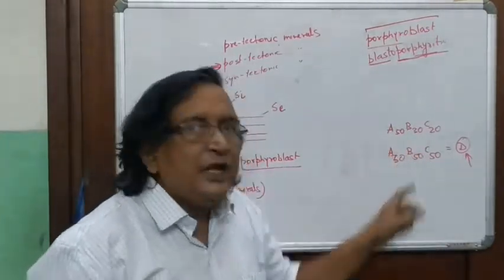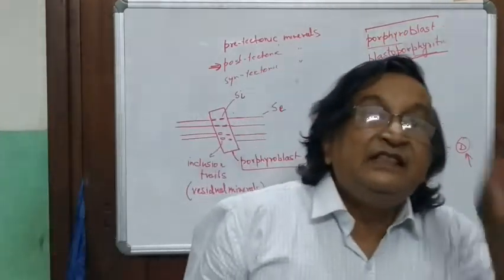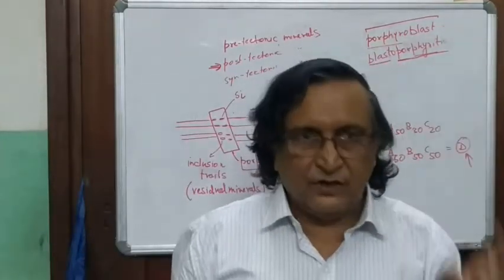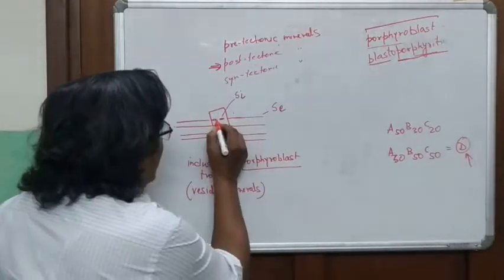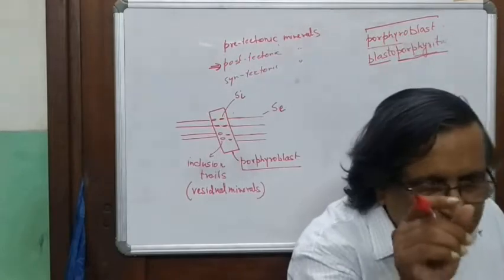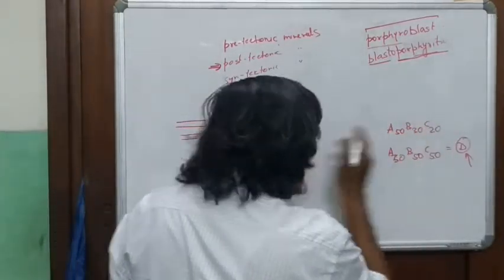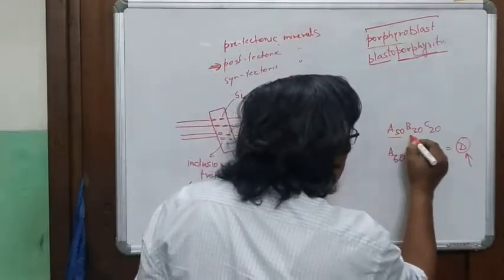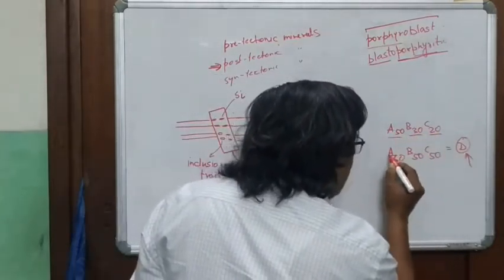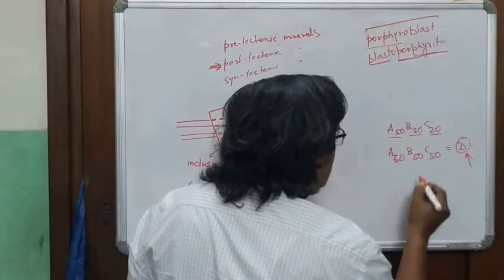So where will this leftover mineral go? They stay there. These are the residual minerals that form the SI trails, also called inclusion trails. A is present in the matrix, A 50, B 30, C 20, but the reaction consumes A 30, B 50, C 50.